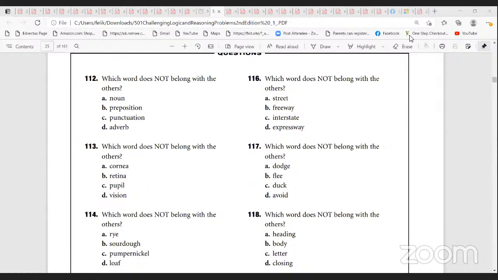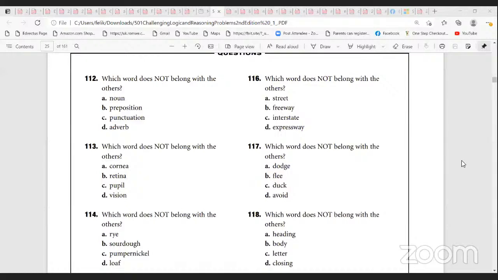And the next one goes to Leandra. Leandra, question 113. Which word does not belong with the others? A. Cornea.